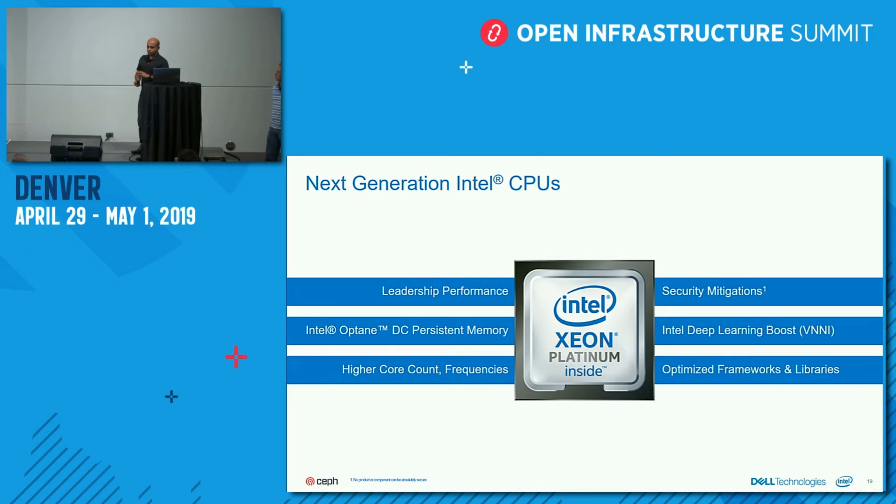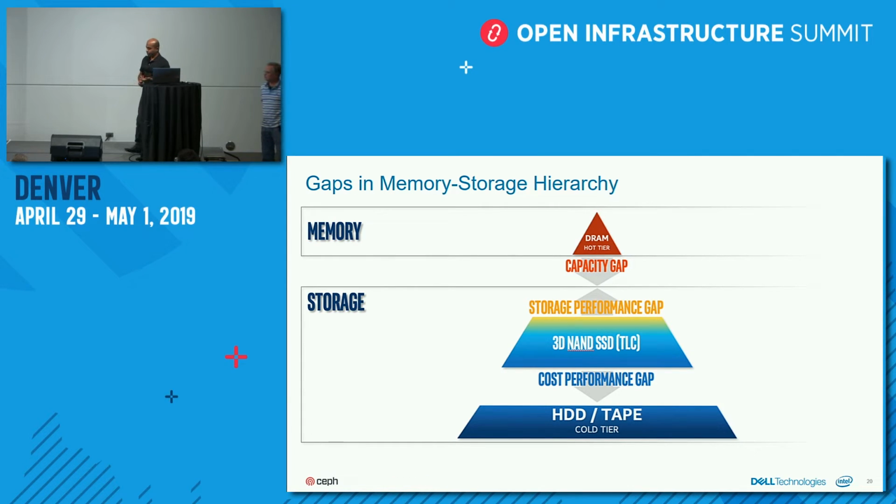Along with this family of CPUs, Intel also tried to address the gaps in the memory and storage hierarchy. If you look at the traditional storage tiers, starting from the slowest tier, the hard drives or the tape tier, we had a jump in performance with NAND SSDs, which in the last generation were called TLC, tri-layer cell, where you're packing 3 bits per cell.